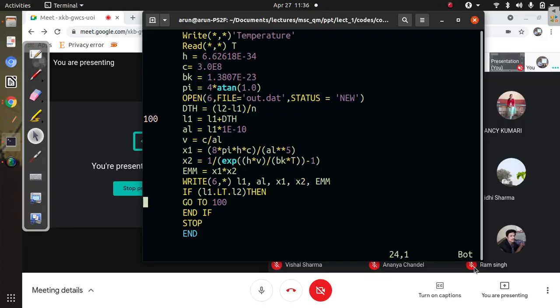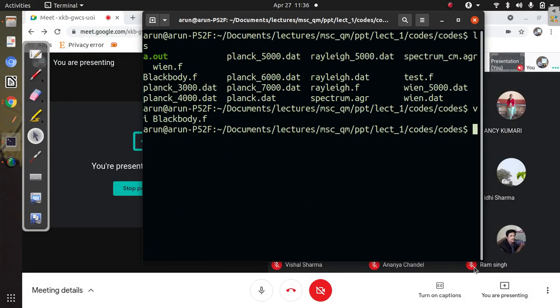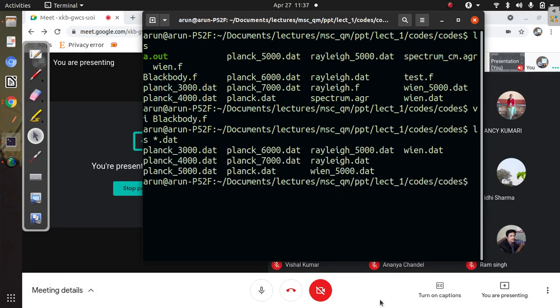This is the code. I run it for different temperatures: Planck's law at 3000 Kelvin, 4000, 5000, 6000, 7000 Kelvin. And then I plotted it.